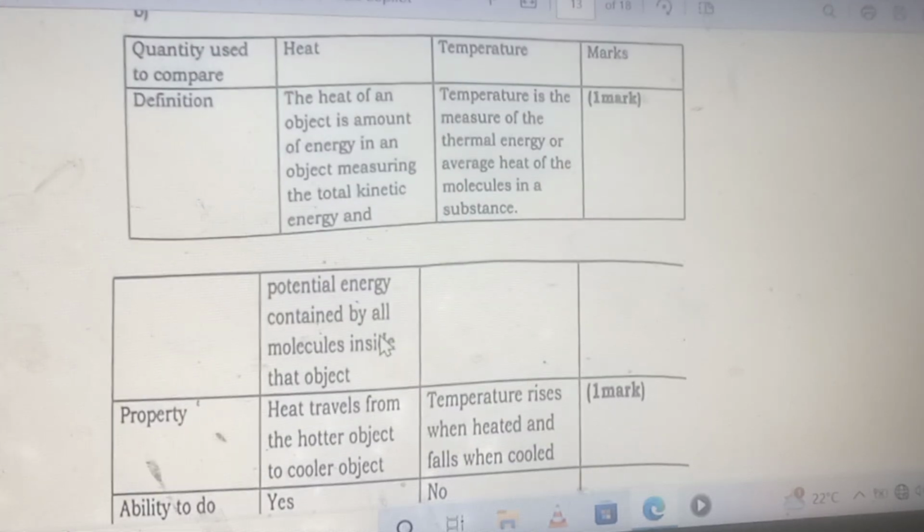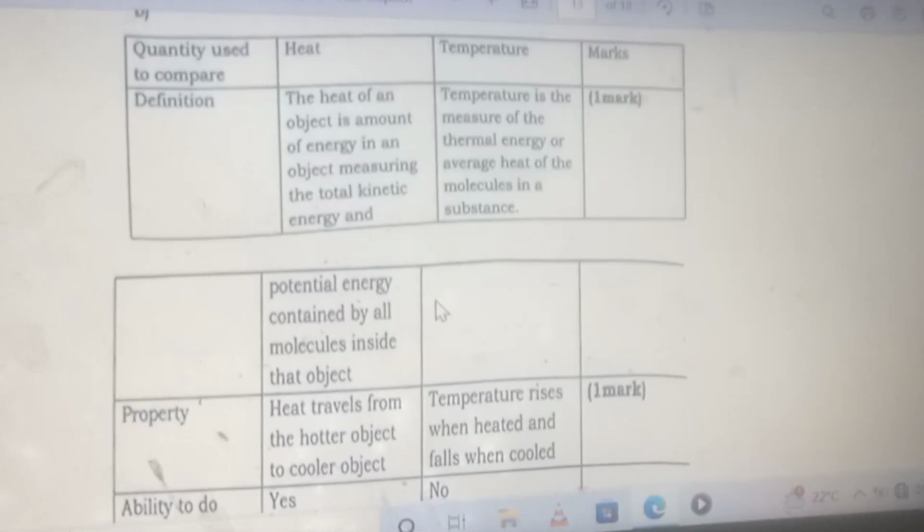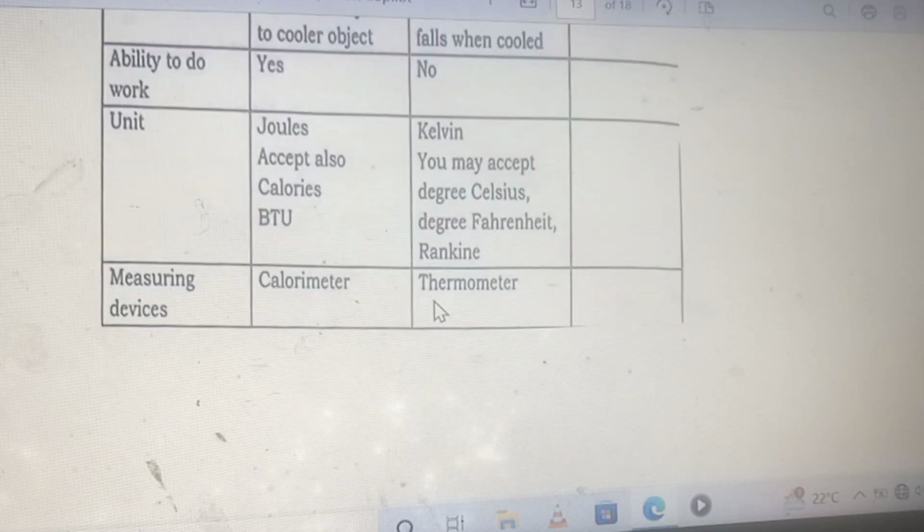This is the difference between heat and temperature. The more quantities you write to compare heat and temperature, the more marks you get. You see that? Read this one slowly.